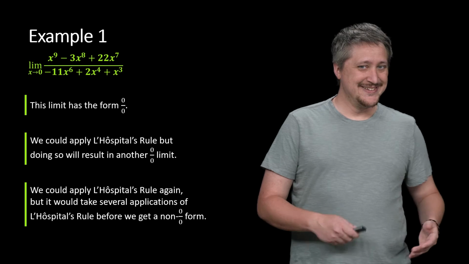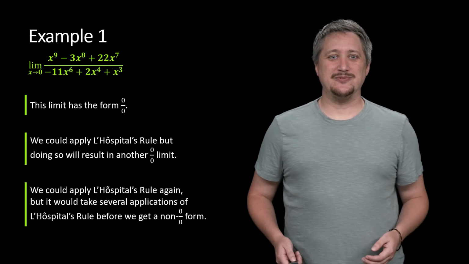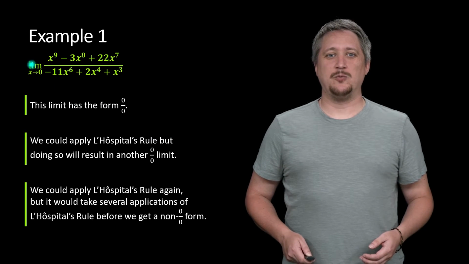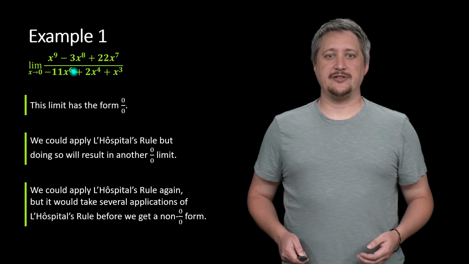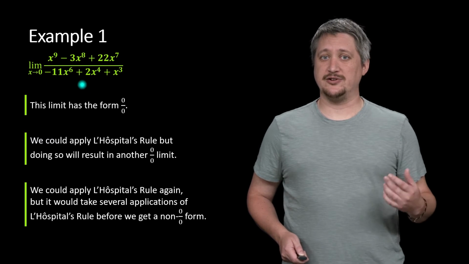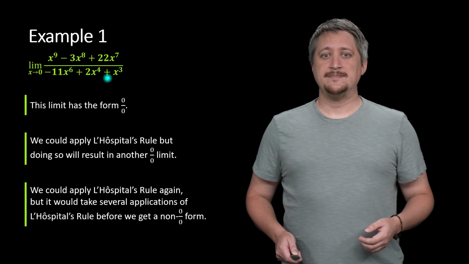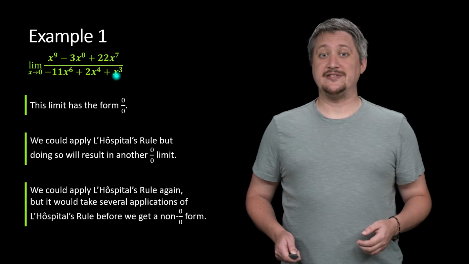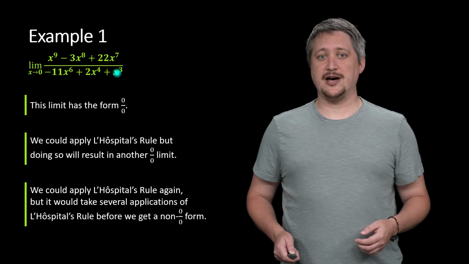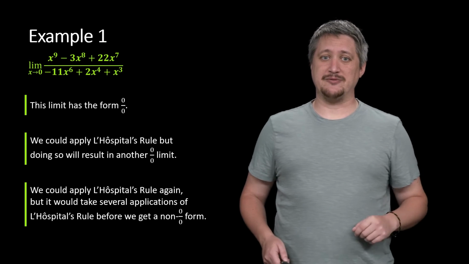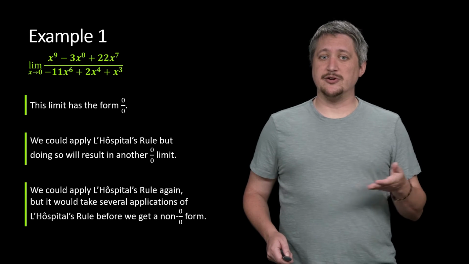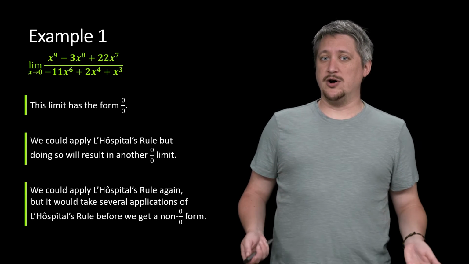Or, looking at the actual formula here, looking at what I have for polynomials, I can notice that everything in the top has an x, and everything in the bottom has an x. That's why plugging in 0 gives me that 0 over 0. In fact, everything has at least an x cubed. So if I divide the top and bottom by x cubed, canceling that factor from everything, then the top would go to 0, but the bottom would go to 1.